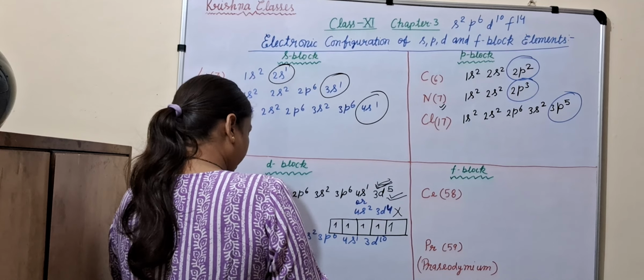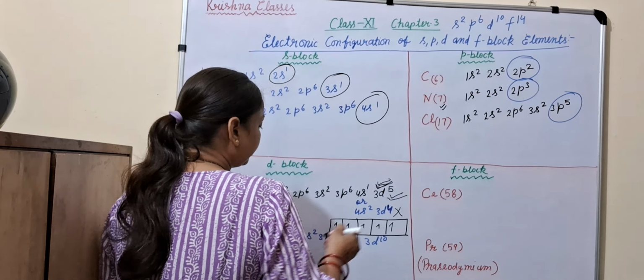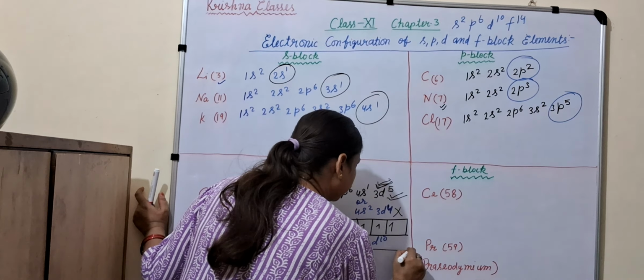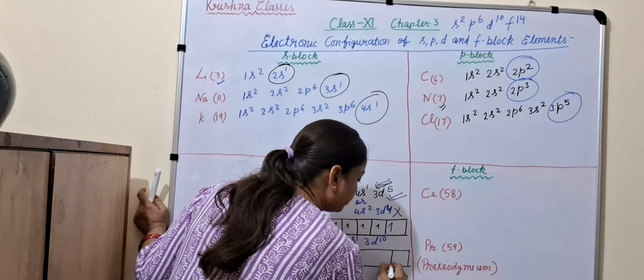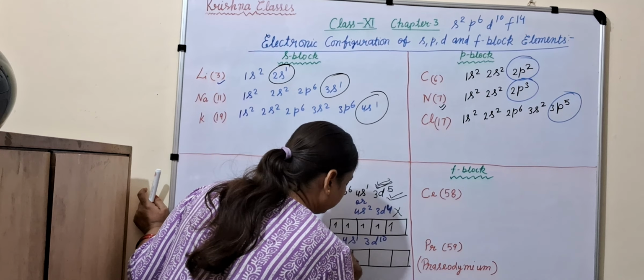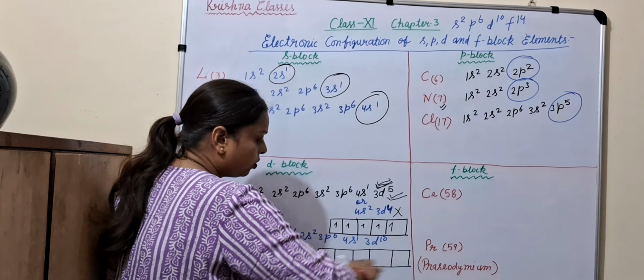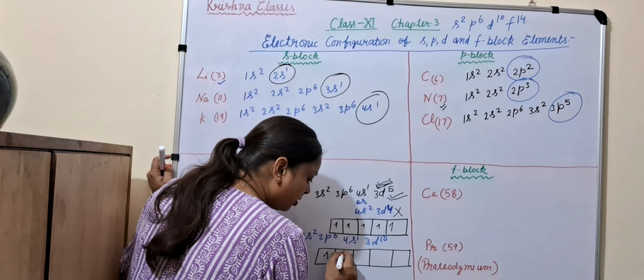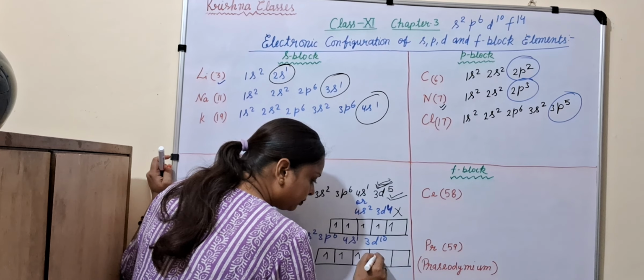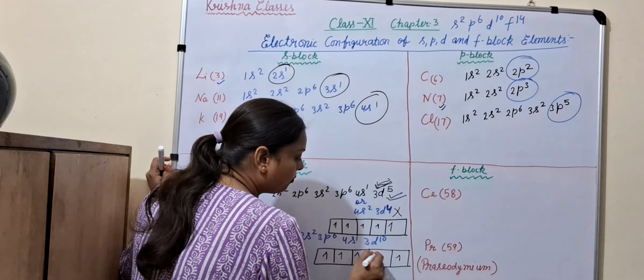Look at the electronic configuration of copper here, same like chromium. First the electrons go into all the orbitals one by one: 1, 2, 3, 4, 5.